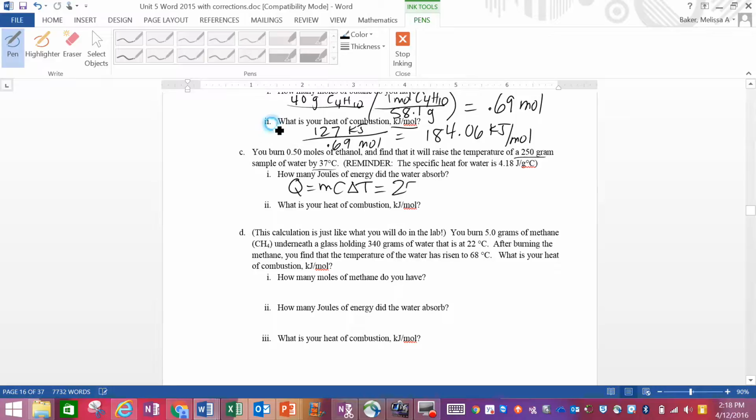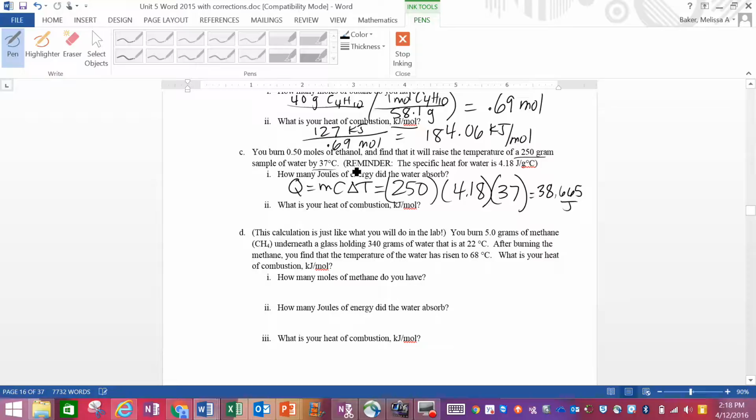So here it's 250 grams, and water requires 4.18 joules per gram to go 1 degree Celsius, and we're going 37 degrees Celsius higher. So this comes out to be 38,665 joules.